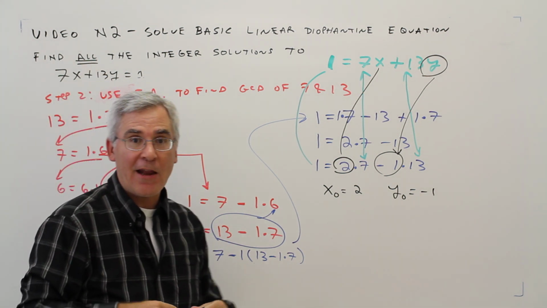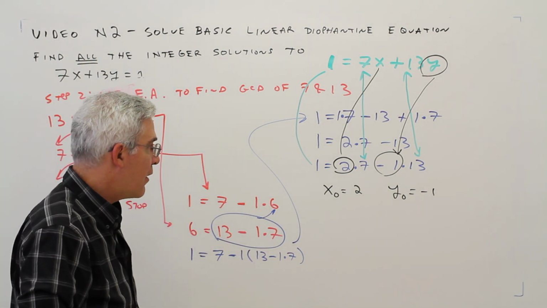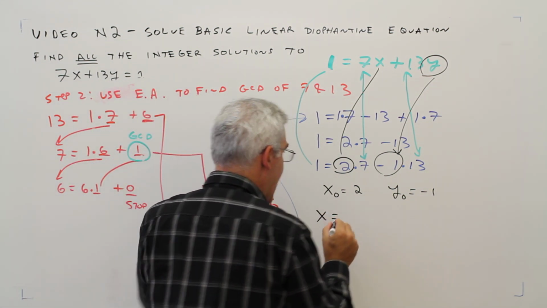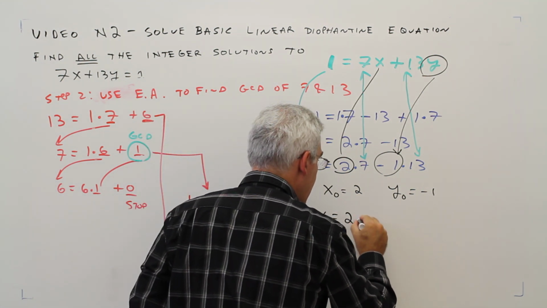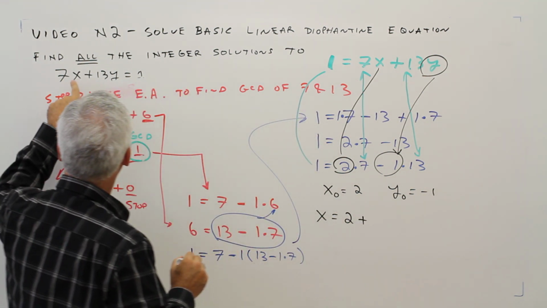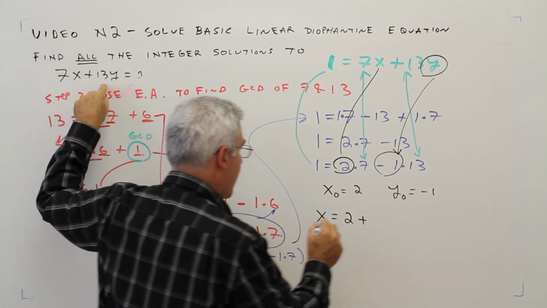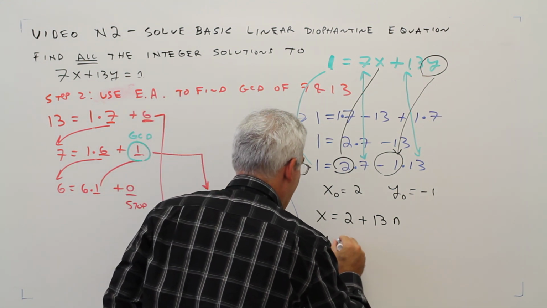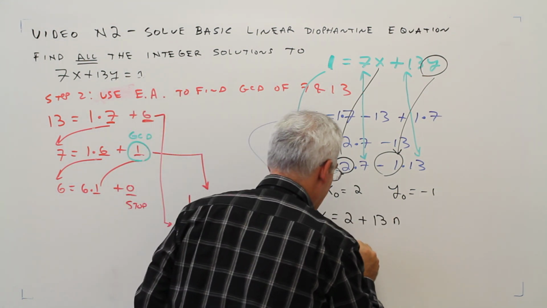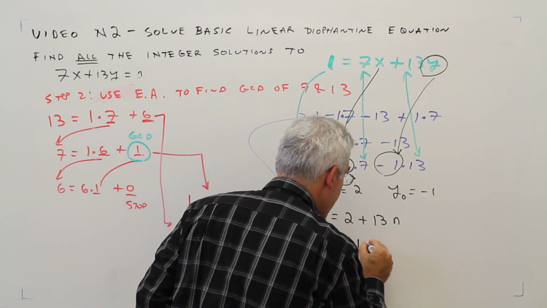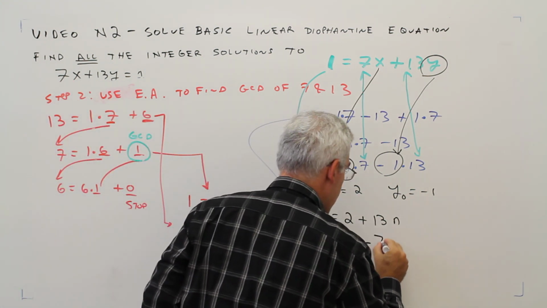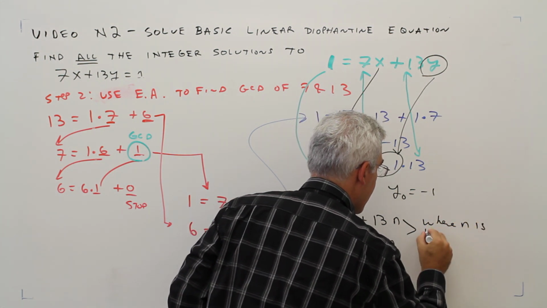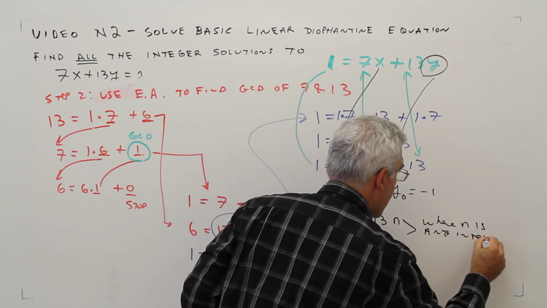The problem asks me to find all the integer solutions, so now I'm going to use that general form. So the general form is x equals x naught plus the other coefficient, if you will, times some multiple n, and y equals y naught, negative 1, minus the other coefficient, if you will, times n, where n is any integer.